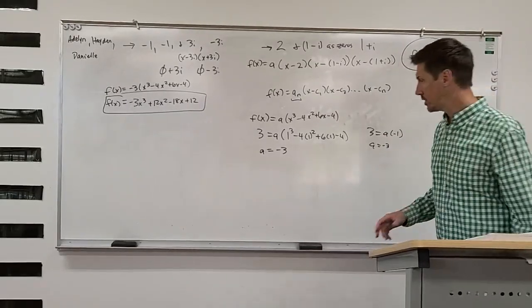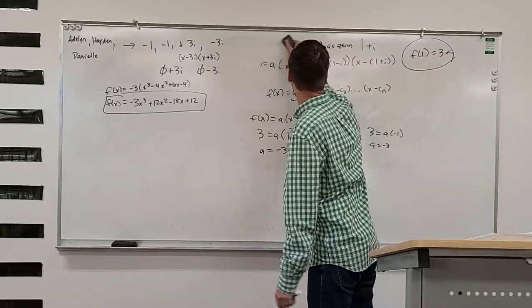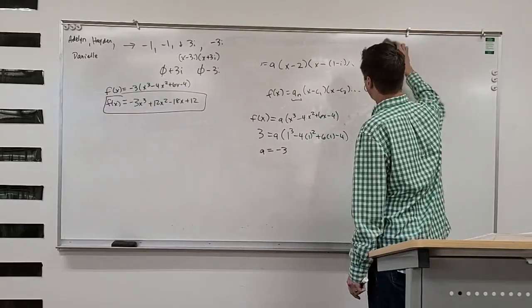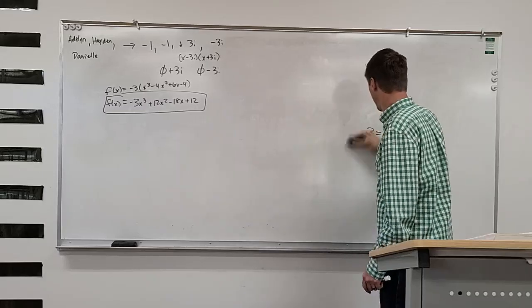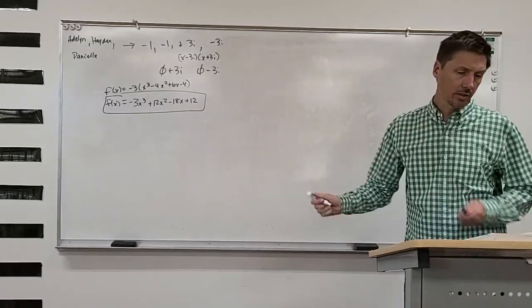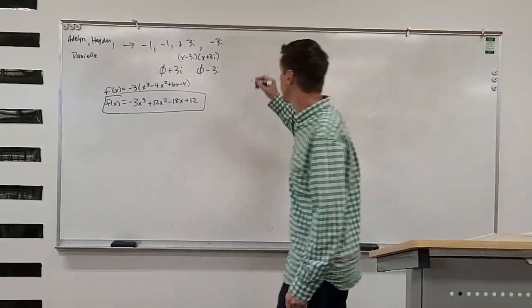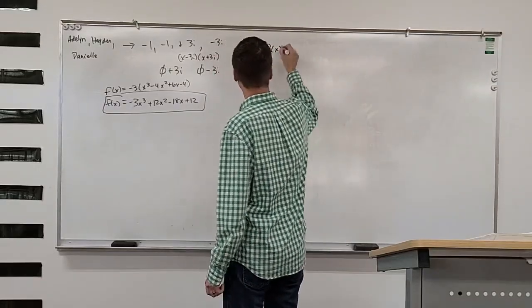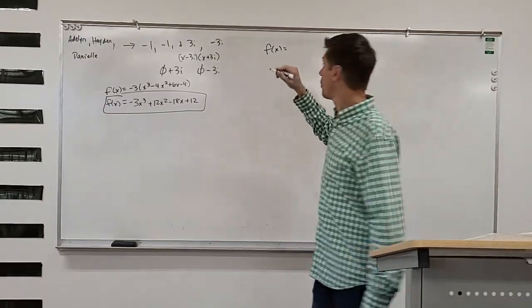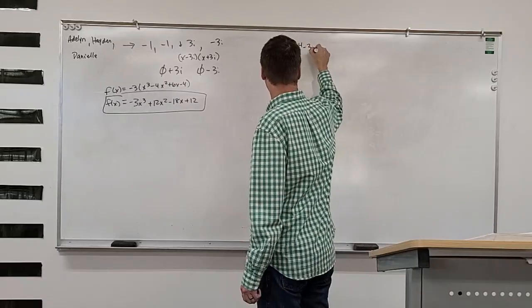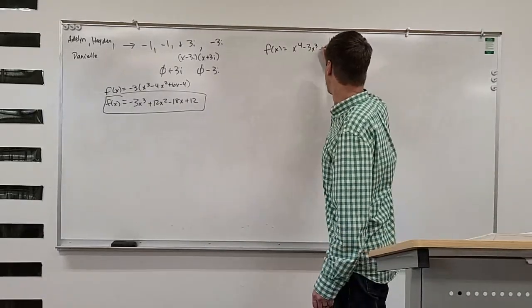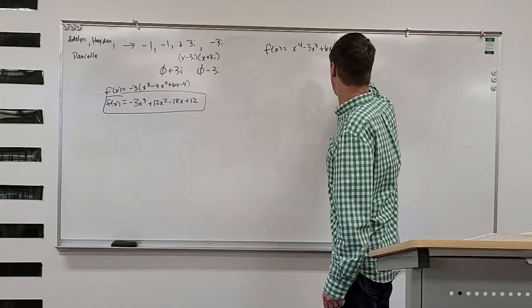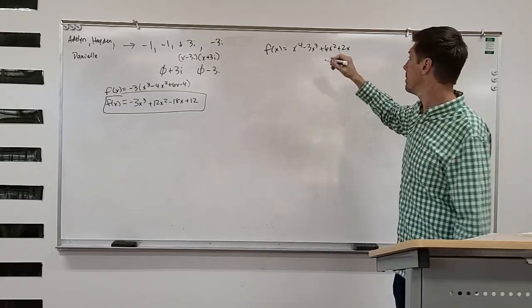So I want to just again set up this next example, just to make sure you understand it. Just talk through it real quick, and we'll move on to the next section. This is example 7 in the book, and it says f of x equals x to the 4th minus 3x cubed plus 6x squared plus 2x minus 60.